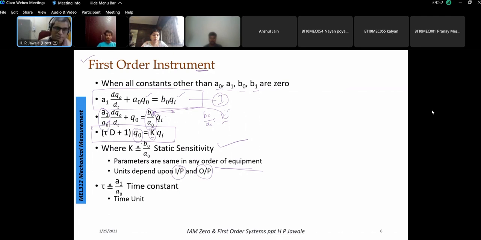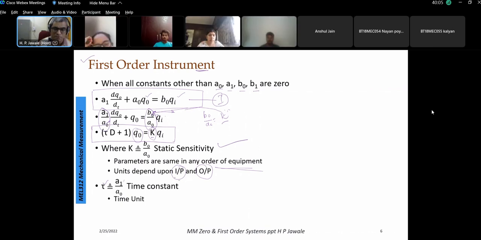Then the second constant, A1 by A0, we represented as tau, which is called the time constant for the first order instrument. It basically provides some information regarding the settlement of the measurement device for a steady state response or steady state reading that is given. So that is actually a time constant having a time unit.